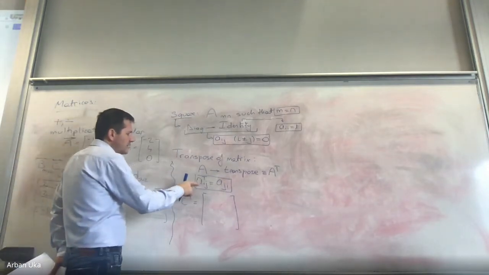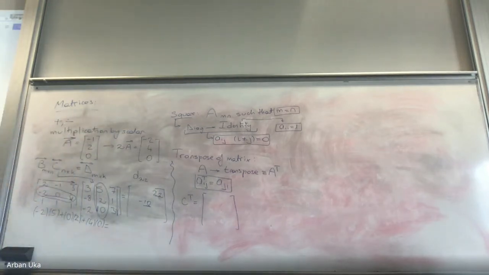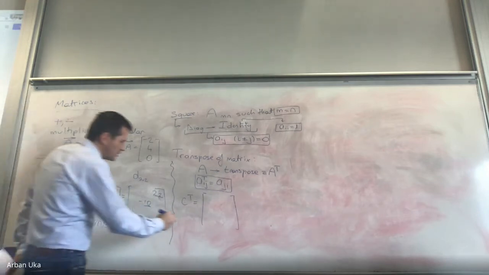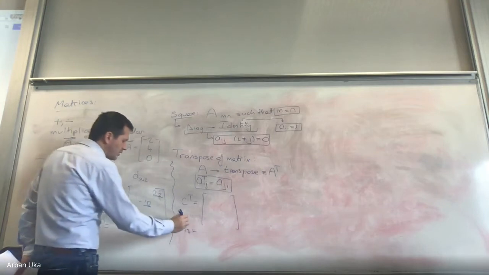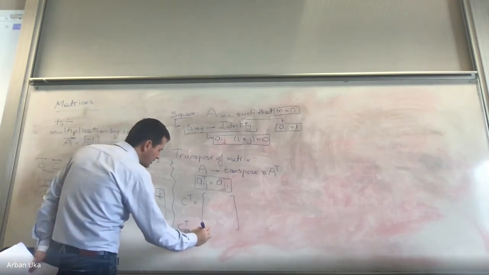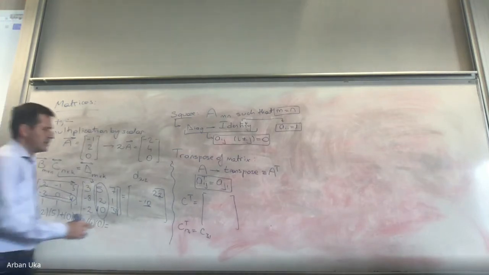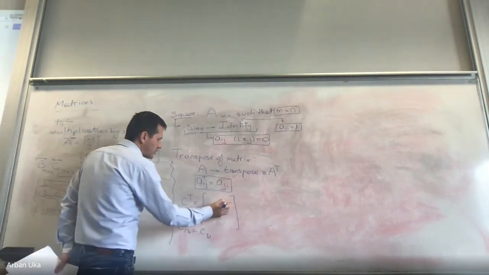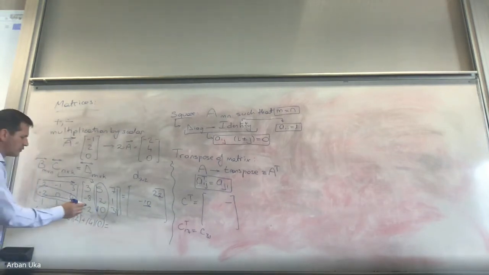In the new transpose matrix, every element is found by just changing the indices. For example, C13 of the transpose matrix would be equal to C31, which means that C13 is first row, third column, and we find this element from the third row, first column.